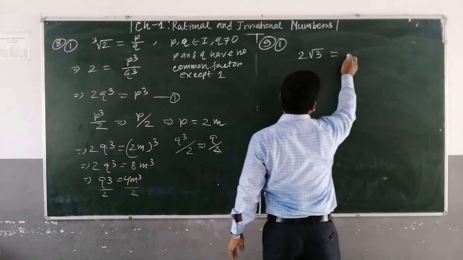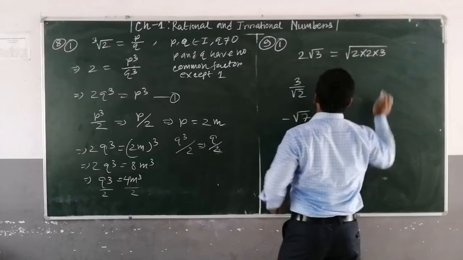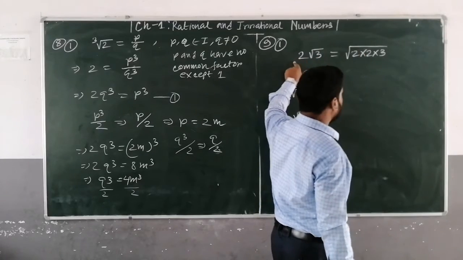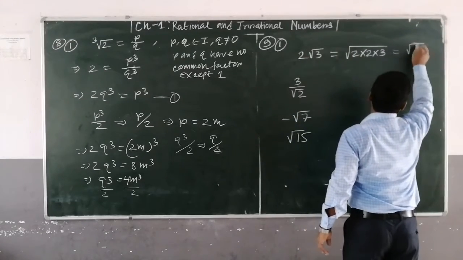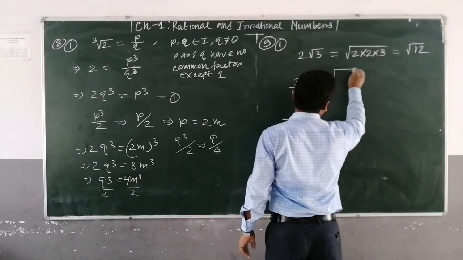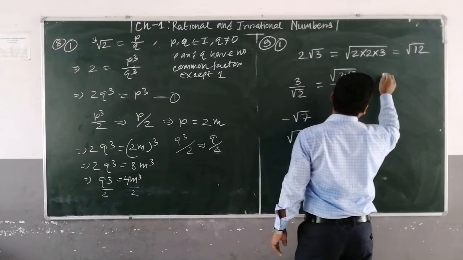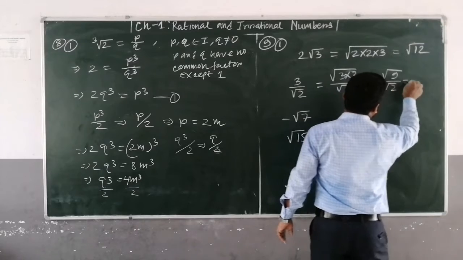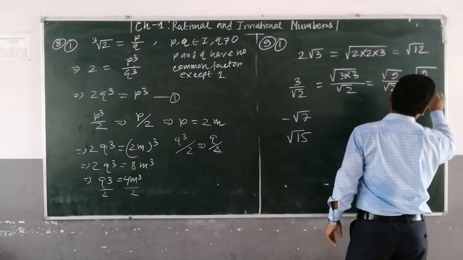So this can be written as √(2×2×3). See this, 2 is there, so for 2, 2, one 2 will come outside. So you can write this one as √12. And here 3√2 means... actually 3 upon √2, so √(3×3) upon √2, or √9 upon √2, which is √(9/2), so this is √4.5.